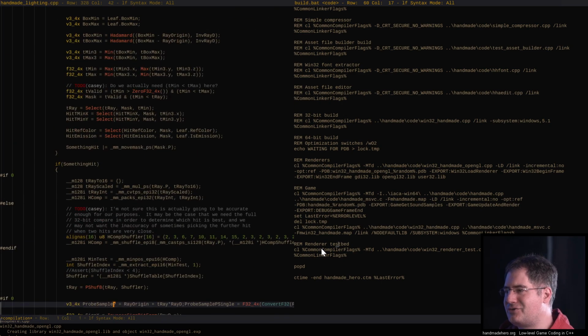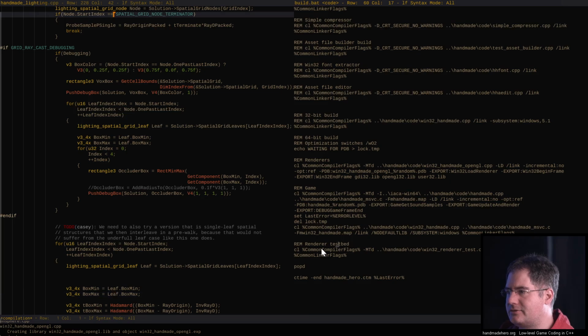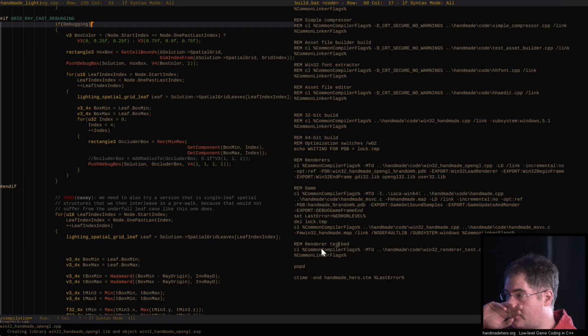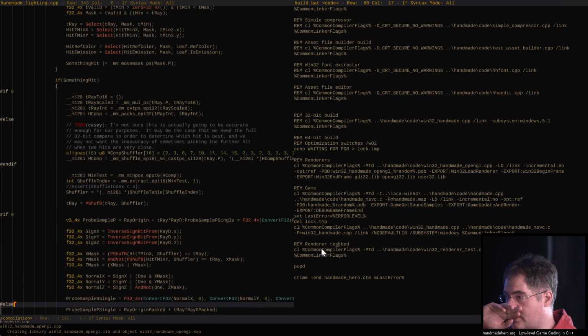So anyway, if you look at what happens here when we look at updating probe p sample singular, right? When we go through here and we do, like, right here, you can see us actually doing the raycast test.